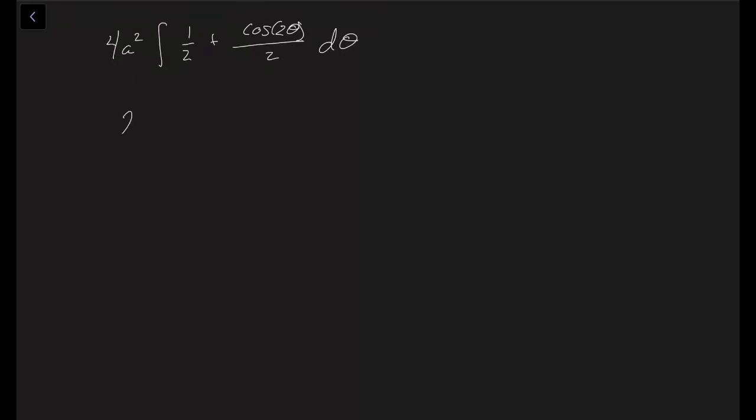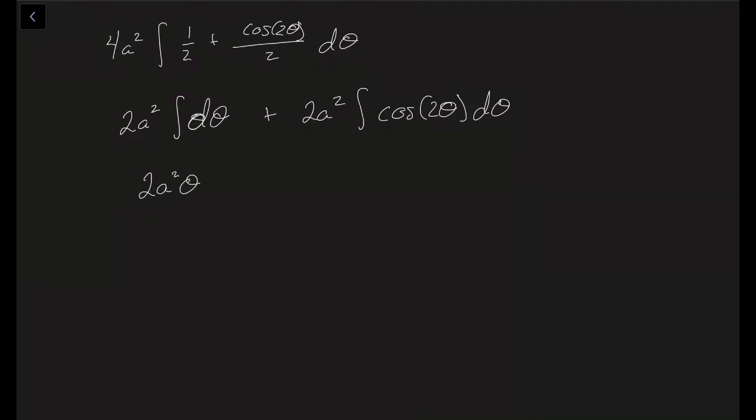Now we can split up this integral, and we'll get 2a squared integral of d theta, plus 2a squared integral of cosine 2 theta d theta. Now the integral of d theta is just theta, so 2a squared theta plus 2a squared times the integral of cosine 2 theta.